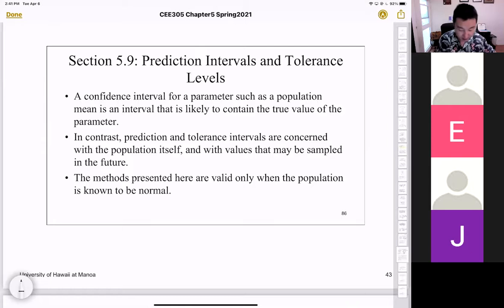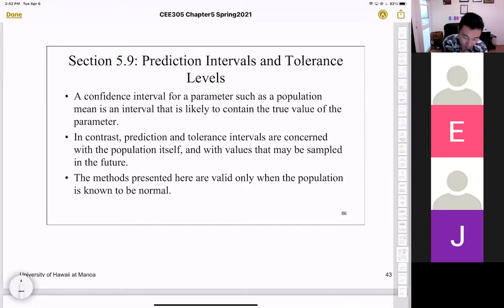So 5.9 covers two other types of intervals. One is called prediction interval, another one is called tolerance interval. First of all, let's look at what prediction intervals and tolerance intervals are.